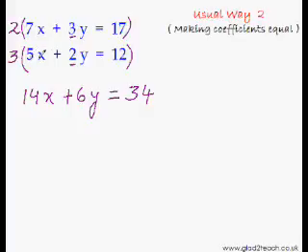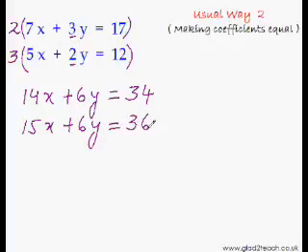Similarly, 3 times 5x would be 15x, and 3 times 2y would be 6y, and 3 times 12 is 36. Now as you can see, we have managed to make one pair of coefficients equal. See? So now we can easily cancel them out by subtracting this equation from this equation.